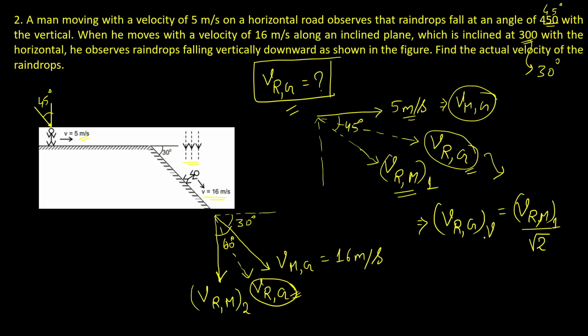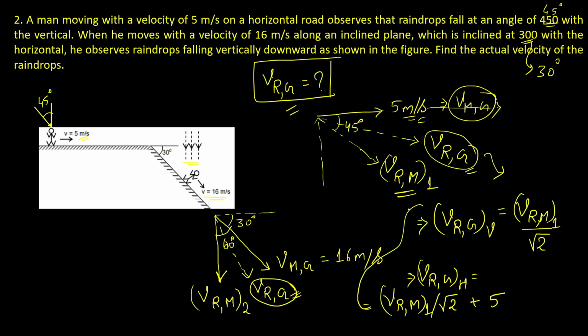Velocity of rain with respect to ground vertical component is this cos of 45. And the horizontal component will be what? VRGH. The horizontal component will be VRM1 upon root 2 again, in this direction, because cos 45 and sin 45 are again the same, plus 5, that is this velocity. So this is the horizontal component and this is the vertical component. So that is the first case.